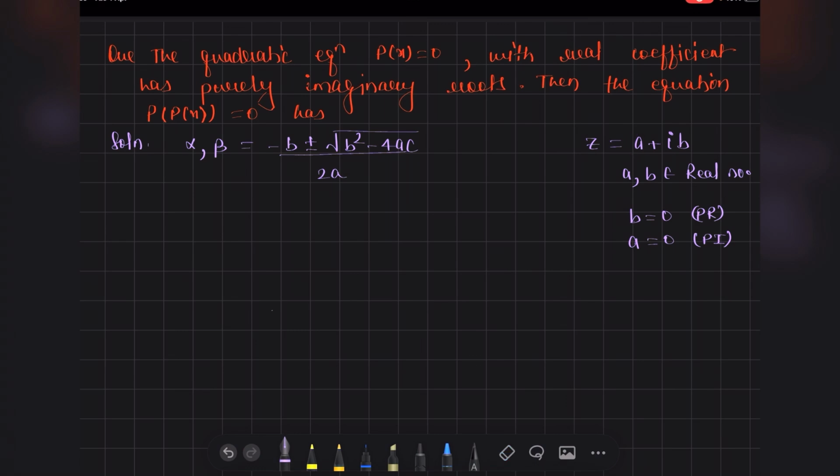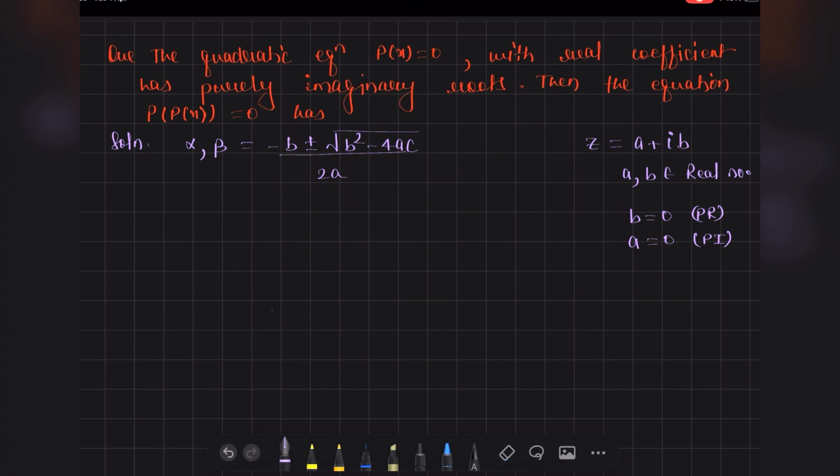Correct? Now look at this. If you make the expression inside the root negative, from there you can find the imaginary part. But that b part will provide you something as the real part, and you won't get a purely imaginary root.